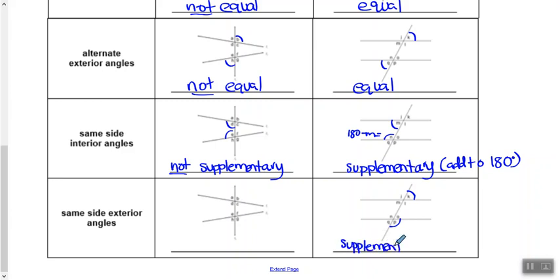They will also add to 180. They're not equal, but they will add to 180 degrees if I have parallel lines. Now, if I don't have parallel lines, they will not be supplementary. All right, next page.